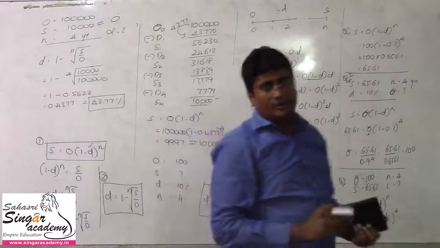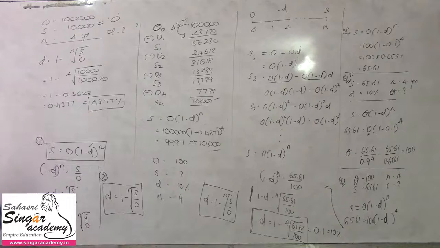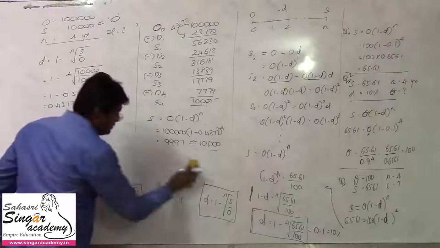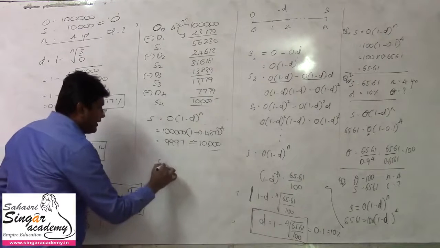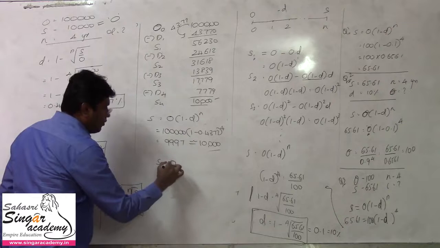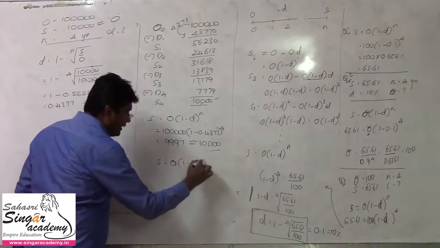If the formulas are to be given as a summary, I will give that here. So let me give a full summary here. You can summarize the formulas. To find scrap, original value O into 1 minus D to the power n.